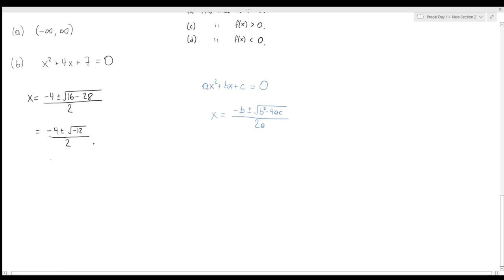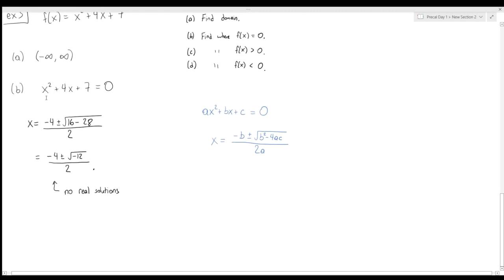So here what we're finding is that this is going to be complex, so we have no real solutions to this equation. So what that means is there are no values of x for which our function will be equal to 0, okay?